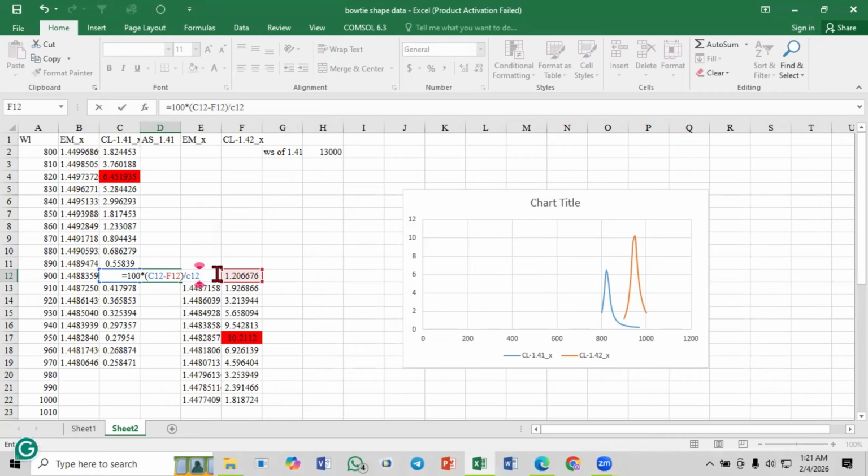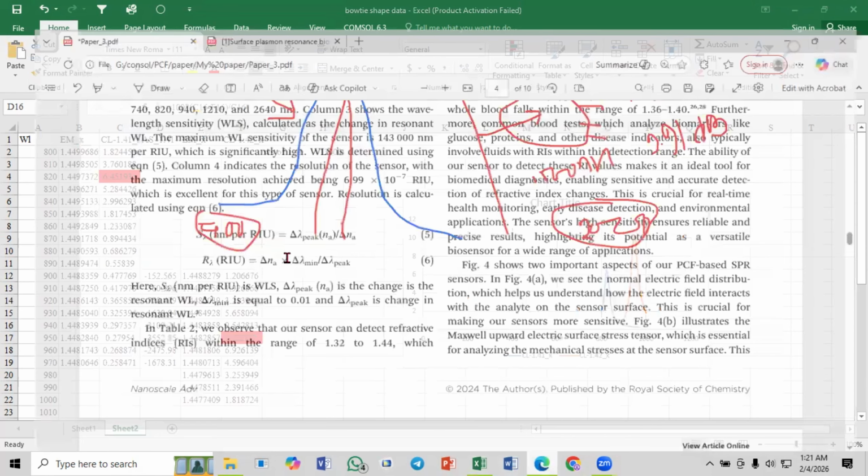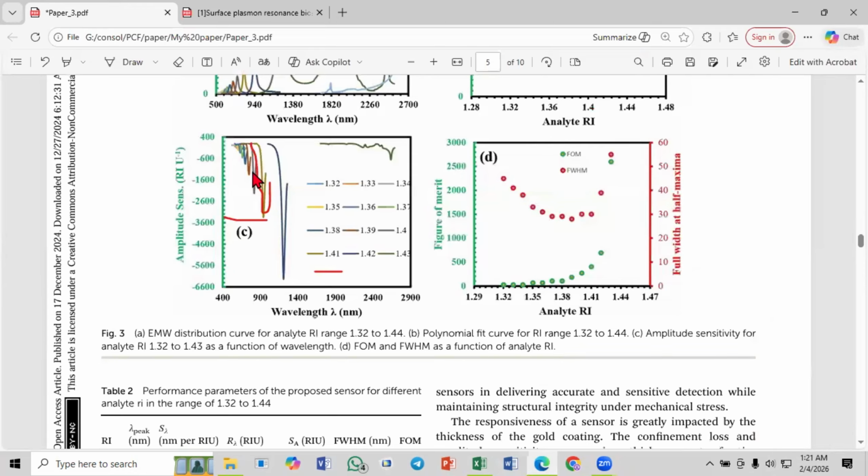Okay, enter. Here you go. So here you can see how we can calculate the amplitude sensitivity. To plot the graph exactly as in the paper, they draw this curve like this.